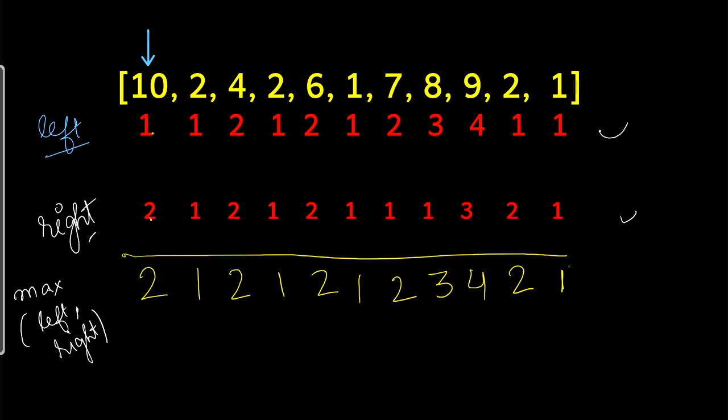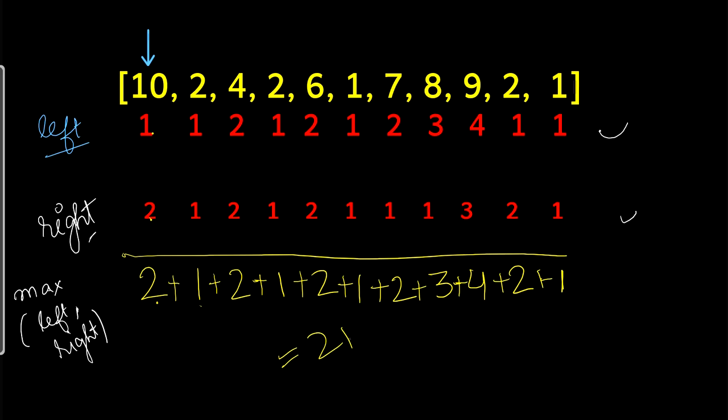And here 1. Now if I have to calculate the total candies which I have given to the children, it will be 2 plus 1, 3 plus 2, 5, 6, 8, 9, 11, 14, 18, 20, 21.